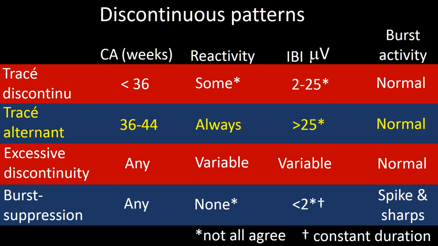It is a reactive pattern. Interburst interval amplitude is above 25 microvolts, and the burst activity is normal. Excessive discontinuous pattern occurs at any age. Reactivity may or may not be present. Interburst interval amplitude is variable, and the burst activity is normal.